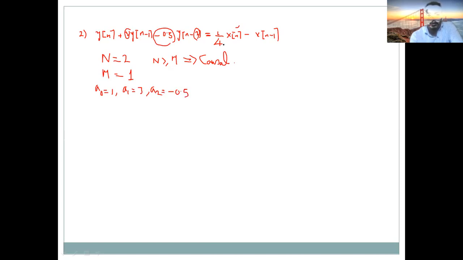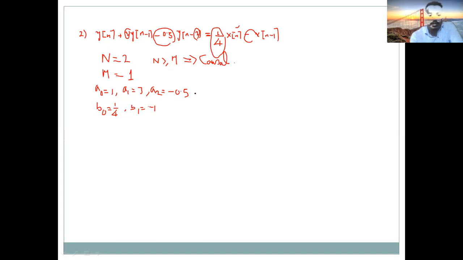Okay. How about the input side? B0, the coefficient of x of n, is 1 over 4, 0.25. B1, the coefficient of x of n minus 1, is minus 1.